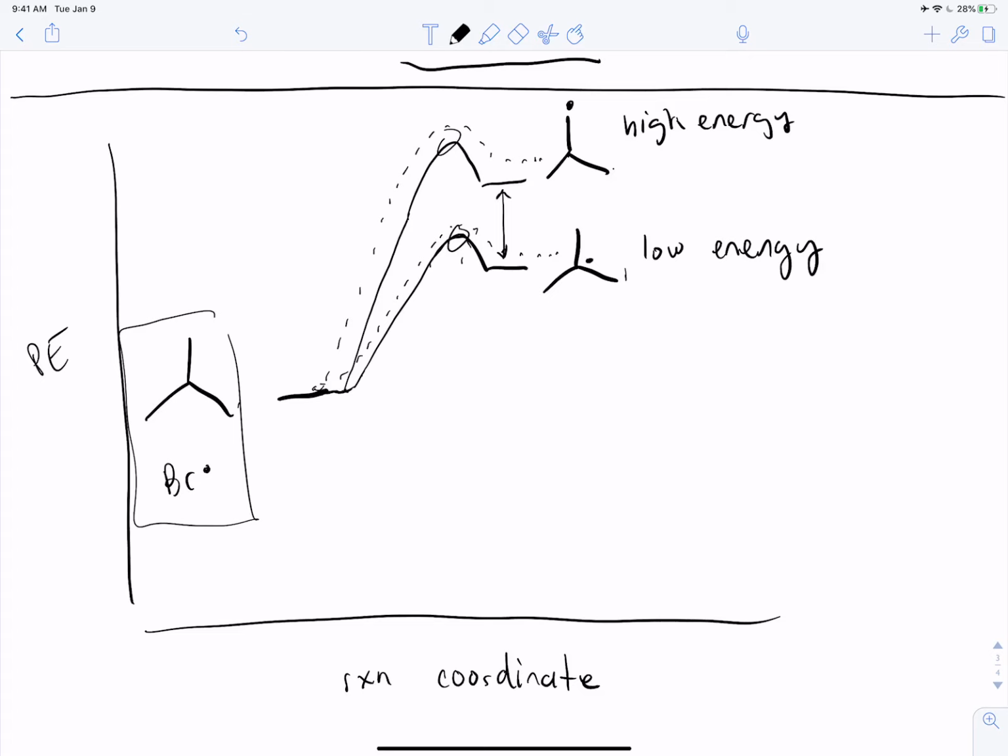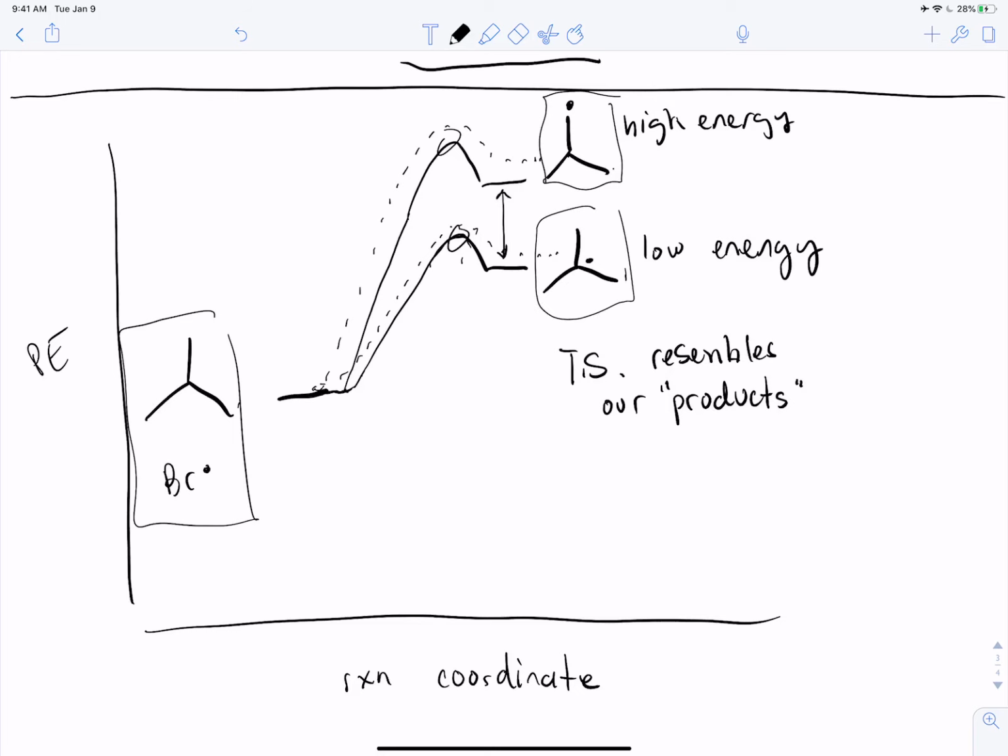Relating it back to the Hammond postulate, we can see that because this step in the reaction is endergonic, the transition state resembles our products. I'm using product here to refer to this intermediate.